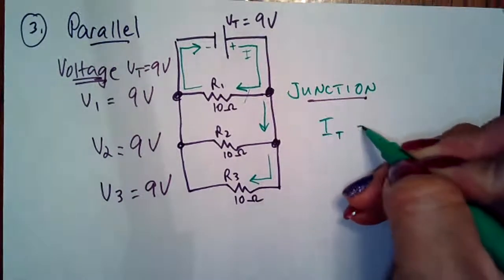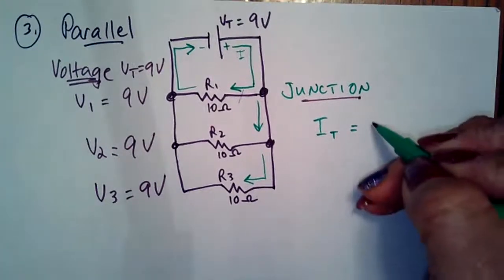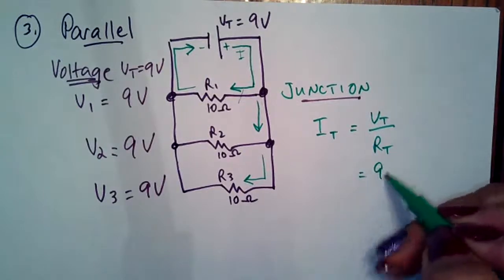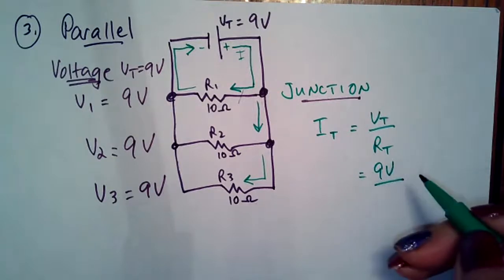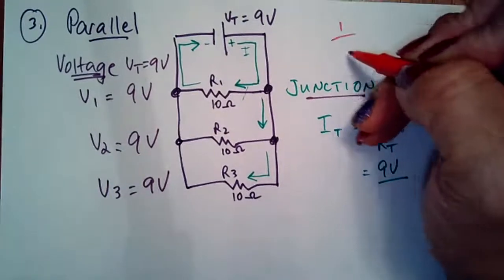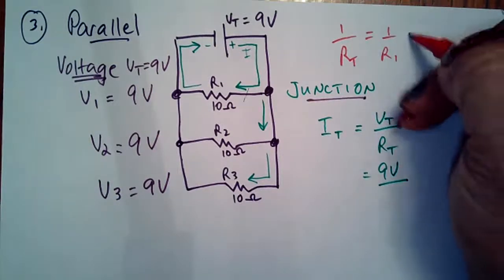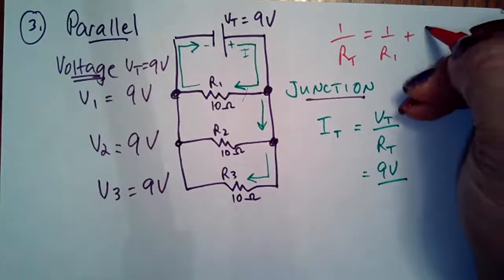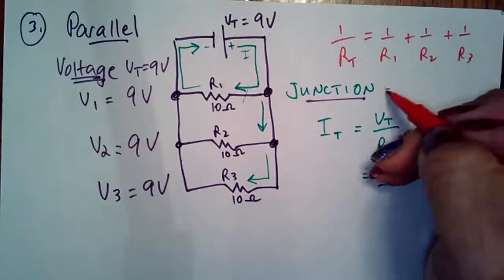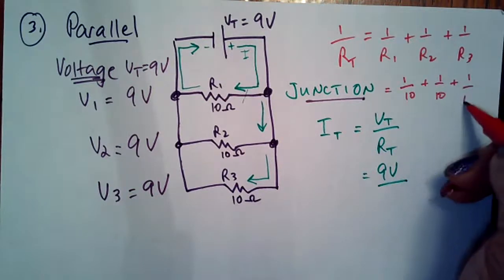So let's calculate the total current that is going to go through the circuit first. The entire circuit is going to receive total volts is 9, and the total resistance, we haven't calculated the resistance yet. So this is a parallel circuit, so we have to look at the reciprocal of each individual resistance. So 1 over R1 plus 1 over R2 plus 1 over R3, and this is 1 over 10 plus 1 over 10 plus 1 over 10.